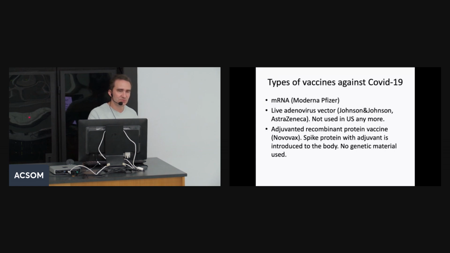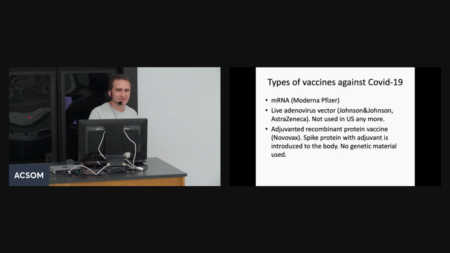The benefit was one injection instead of two, but then there was a very rare complication with thrombosis in the cerebral veins. That's why it's not used in the US anymore, because mRNAs are a little bit better option.